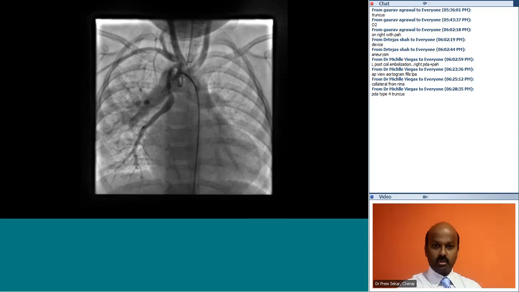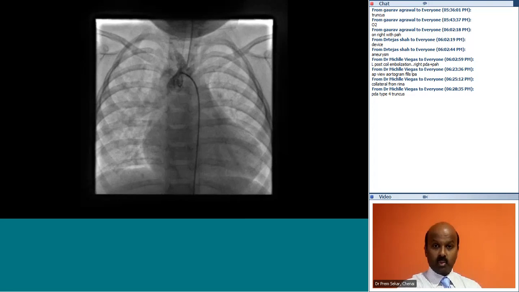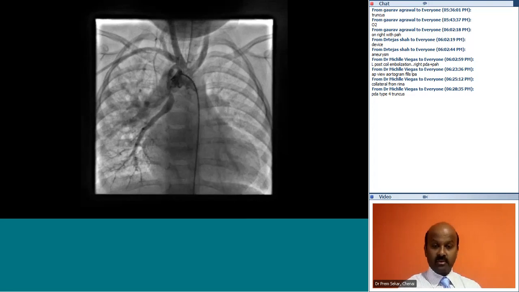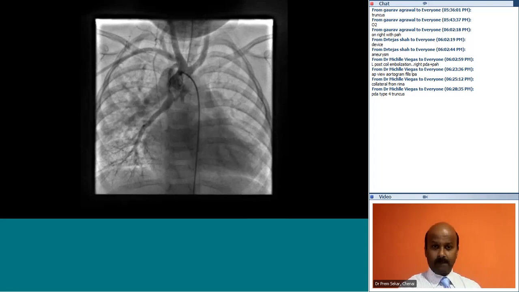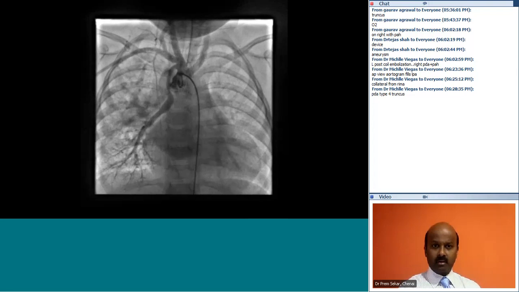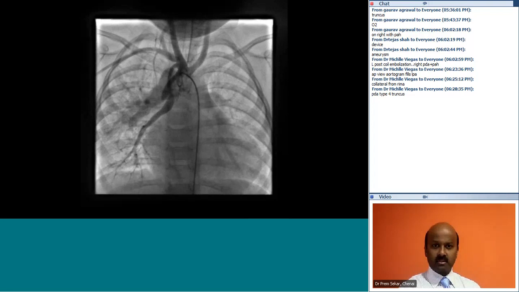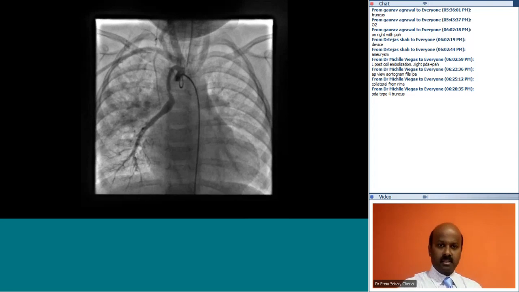Okay, so this is another slide which shows an angiography with a similar structure coming off from the distal part of the ascending aorta and opposite to the innominate, and supplying the lower segment of the right pulmonary artery.